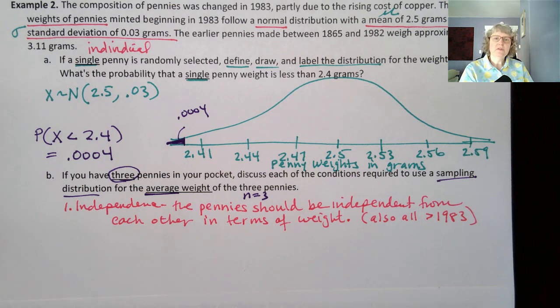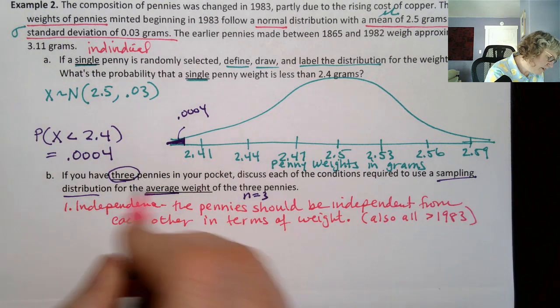Okay, so do you think pennies, if you had 3 pennies in your pocket, do you think they would be independent from each other? I'm guessing, pennies get mixed around a lot. They get spent here, and you get them as change here, and they sit in those little tiny trays when someone needs an extra penny. So I'm thinking the pennies are pretty much randomly distributed around. So I'm thinking this would probably be met.